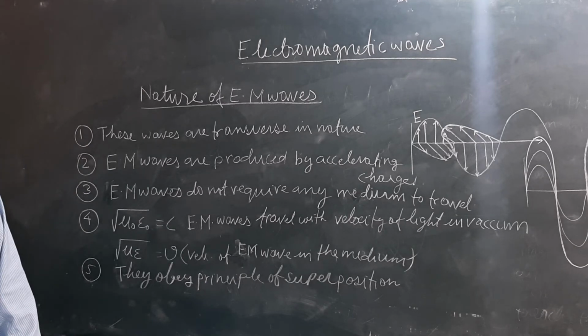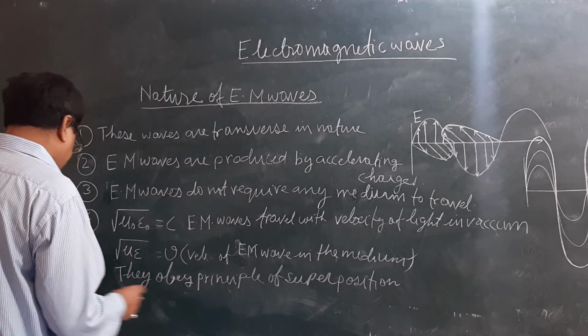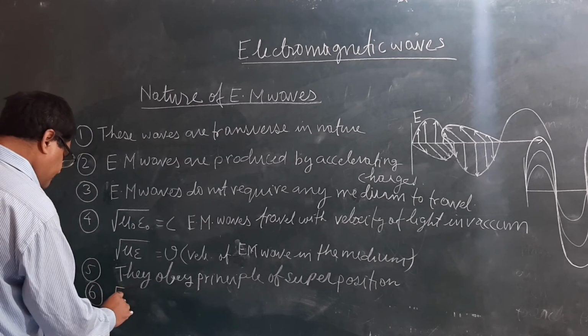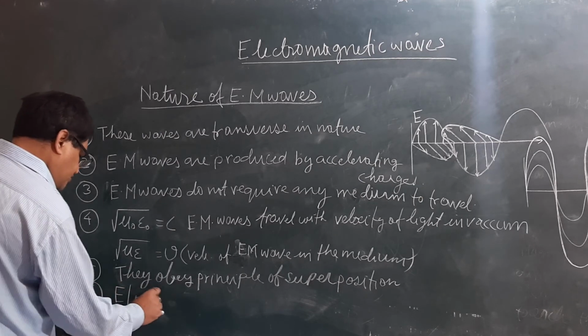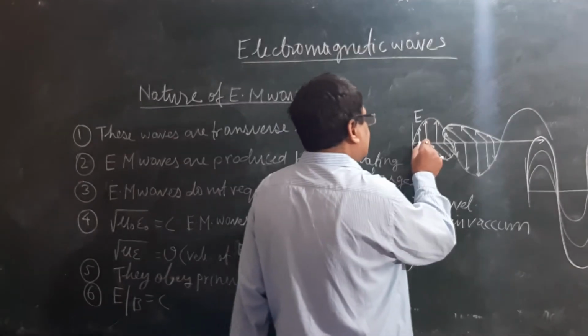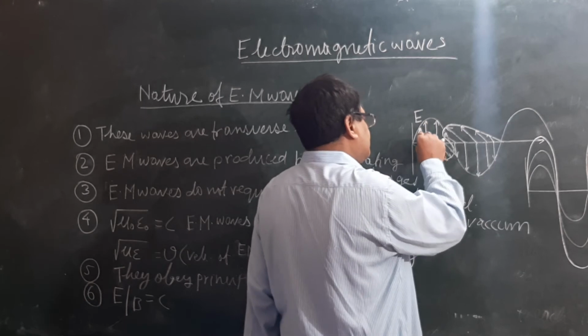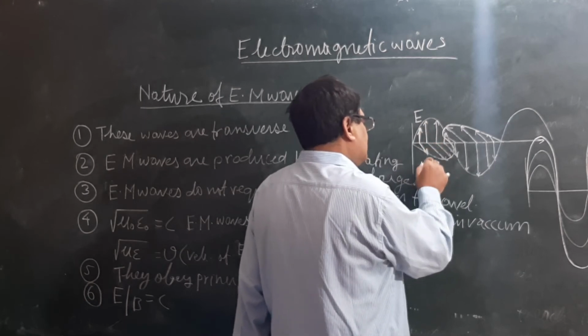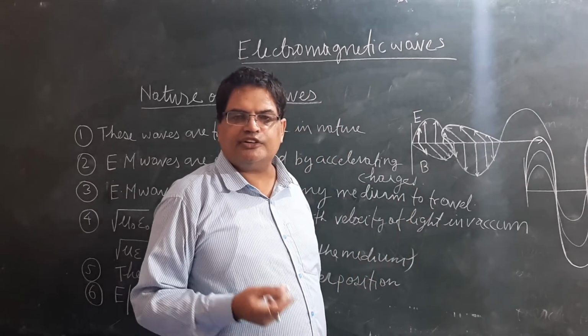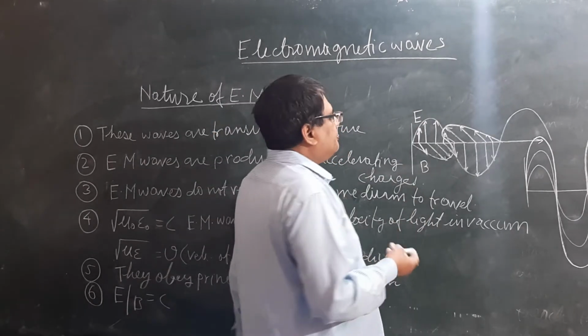Let us go on to the next property. This I have already explained earlier. The ratio of E by B is always equal to C. That is, E by B is equal to C. That is, if you take at any place, this is the electric component E, this is the magnetic component, that is B, then the ratio of E by B will be the same, and that is equal to C at any place.